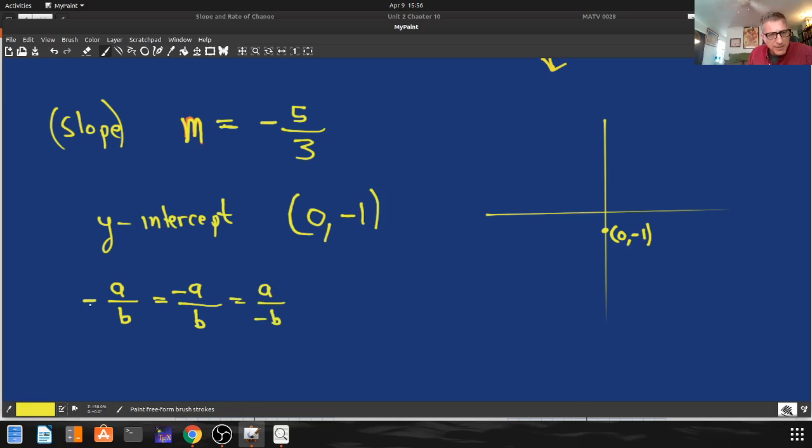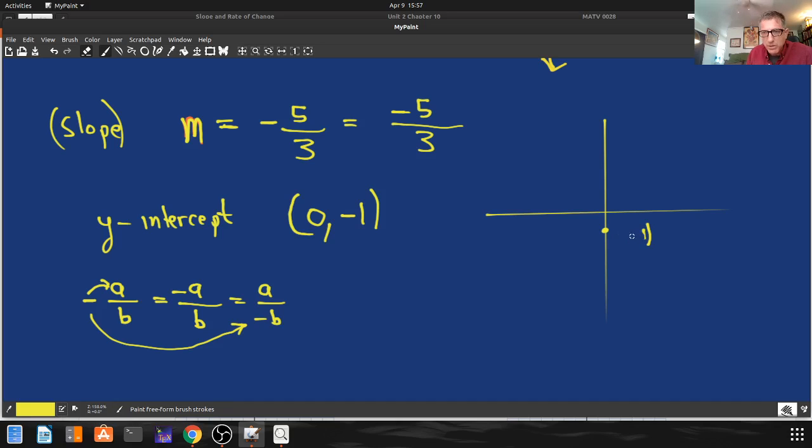In other words, when I have the negative out in line with the division line, I can either put it up here with the a, or down there with the b. You decide. I'm going to put it up here with the 5, and here's the 3. I know my point, so I know the line is going to go through that point. Now I'm going to erase that because it's going to get in my way.